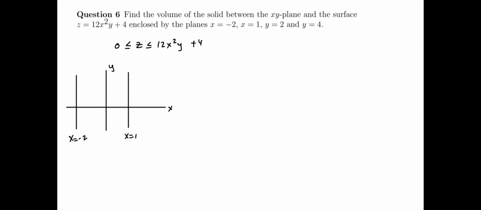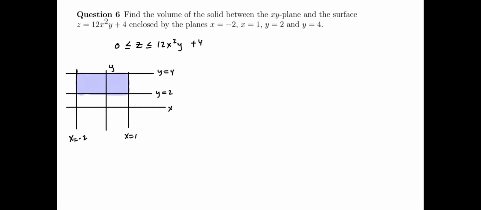And then y equals 2. Let's suppose this is y equals 2. And y equals 4, that would be right here. Okay, so the region we're looking at is between these curves. So that's this right here. This is the region we're looking at.